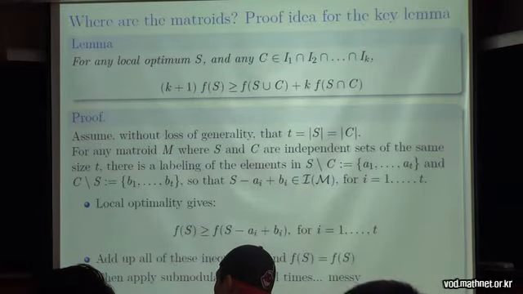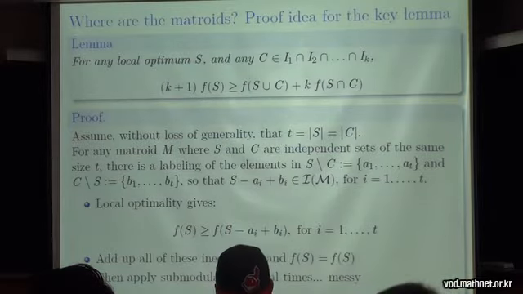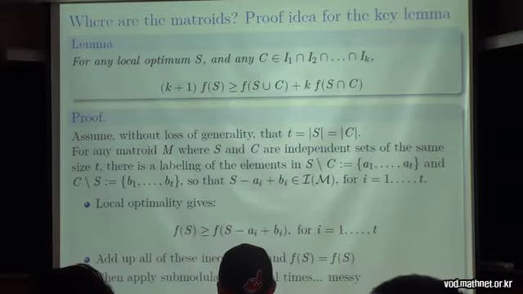Then I do the same thing for the second matroid, putting edges in the other direction. So for two matroids, I get this dependency graph, and I use that exchange graph in a certain way.